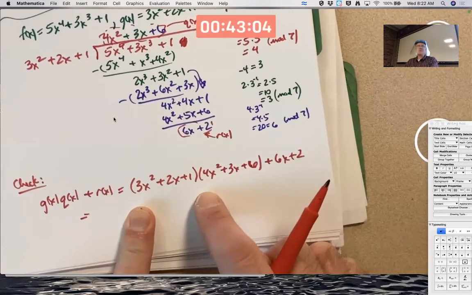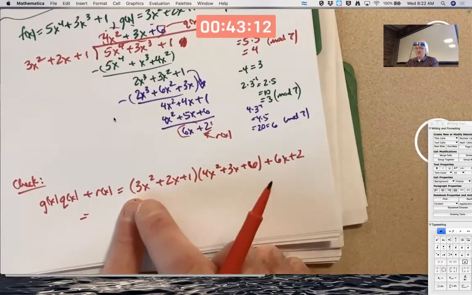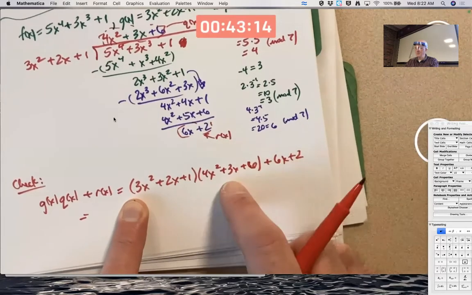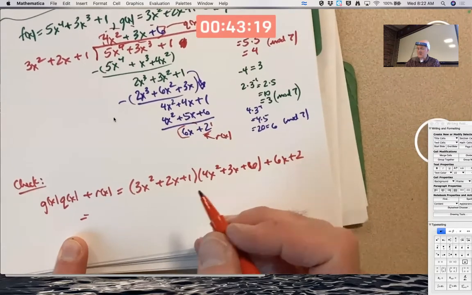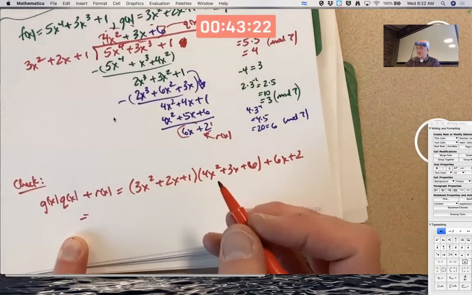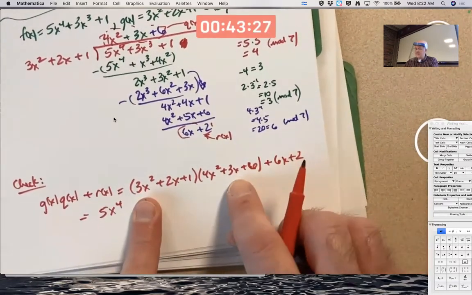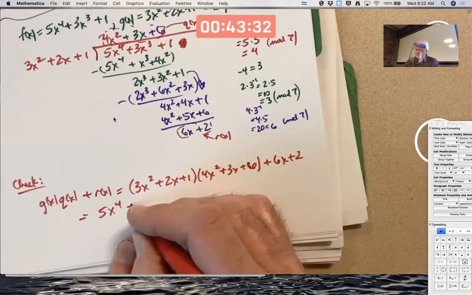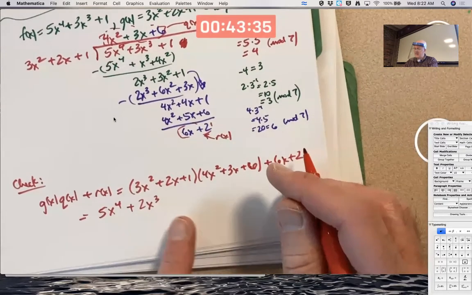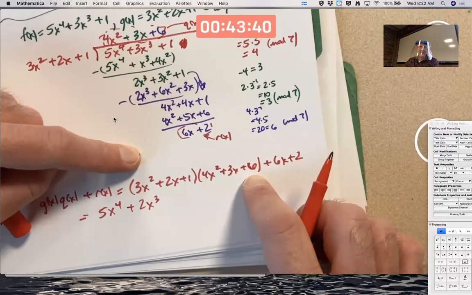There's no FOIL to do here because you've got trinomials instead of binomials. What I do is I go to the first term there and multiply it times every term here. 3x squared times 4x squared is 12x to the 4th. 12 mod 7 is 5. 3x squared times 3x is 9x cubed. 9 mod 7 is 2. 3x squared times 6 is 18x squared. 18 mod 7 is 4.